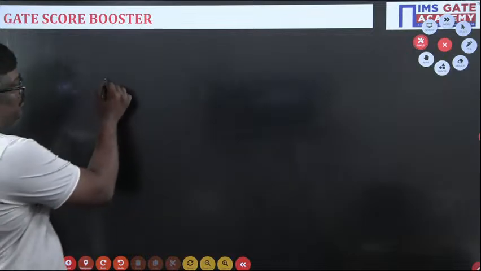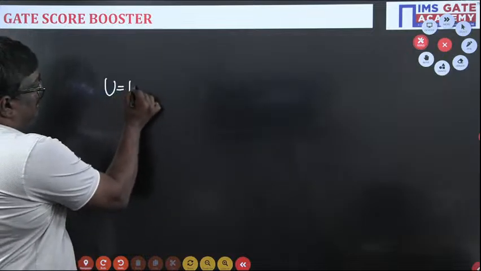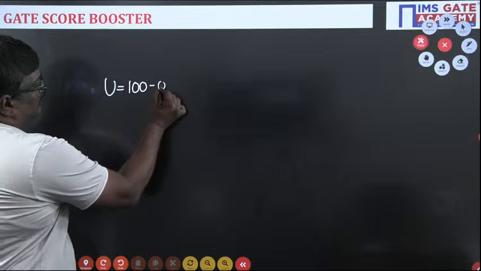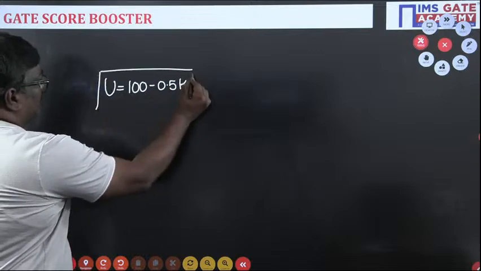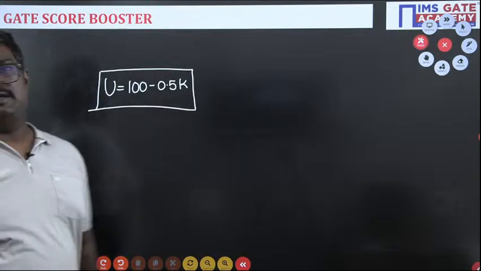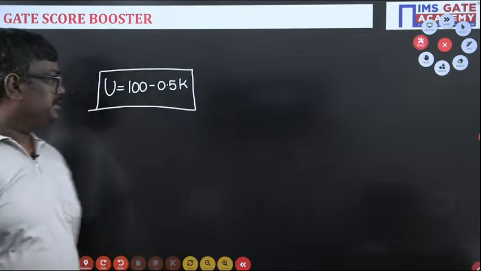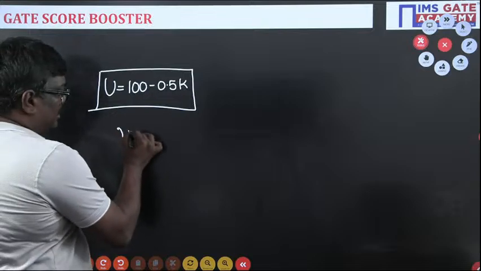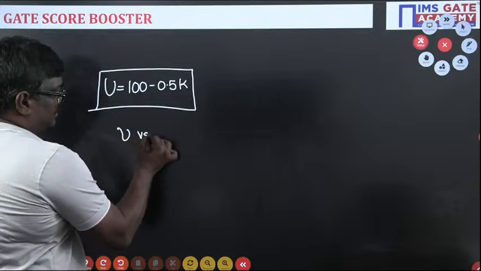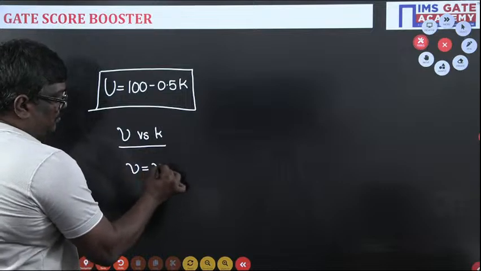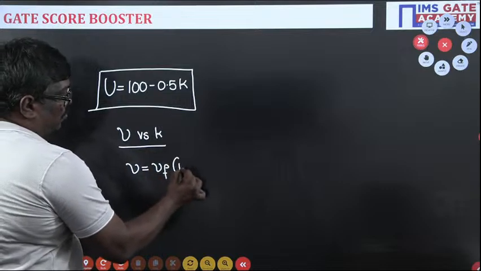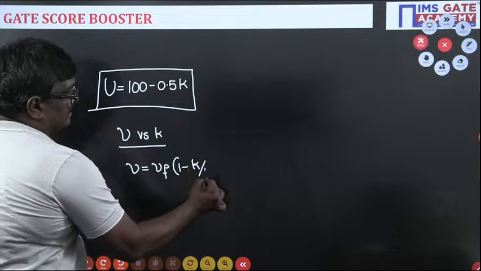u is equal to 100 minus 0.5 k. Now, my dear students, whenever they give the relation between speed versus density, we have the relation V is equal to Vf into 1 minus k upon kj.